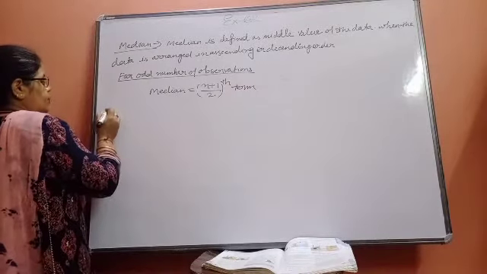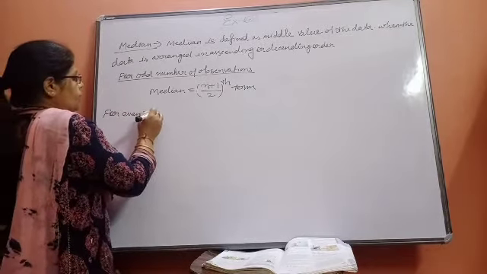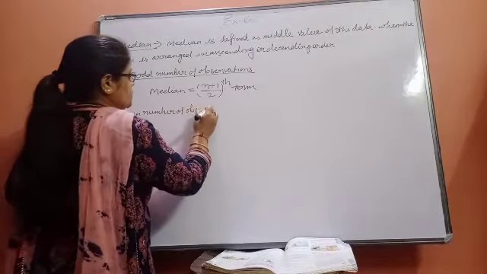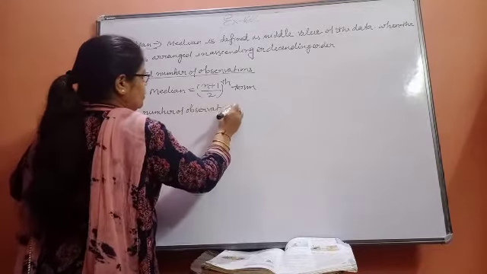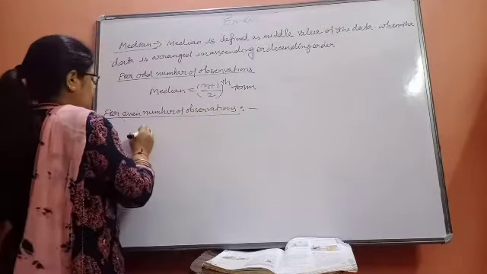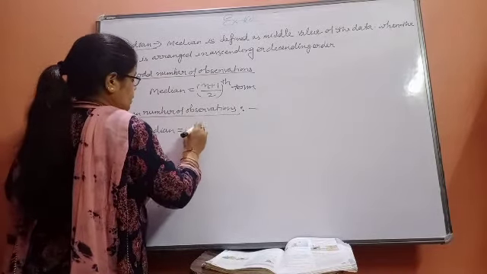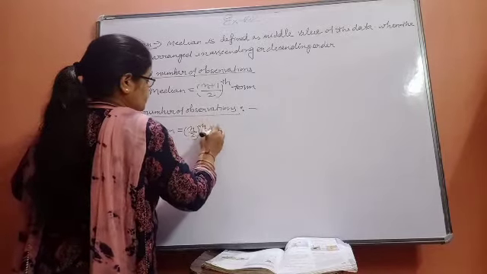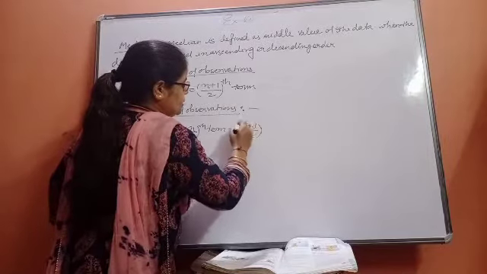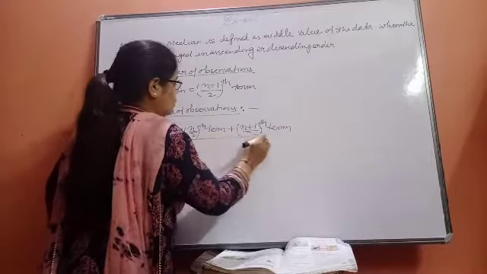Or for an even number of observations, the median is equal to the n upon 2 th term plus the (n plus 1) upon 2 th term, divided by 2.